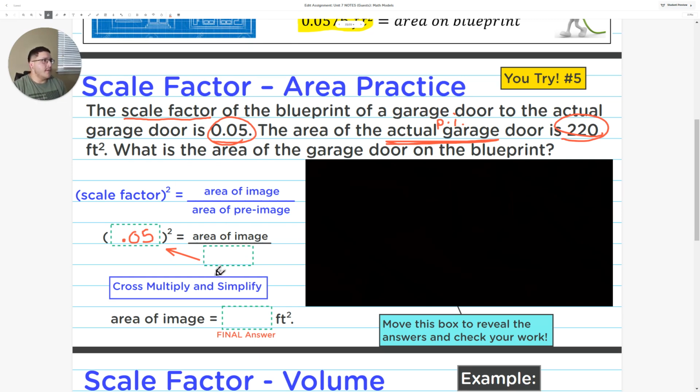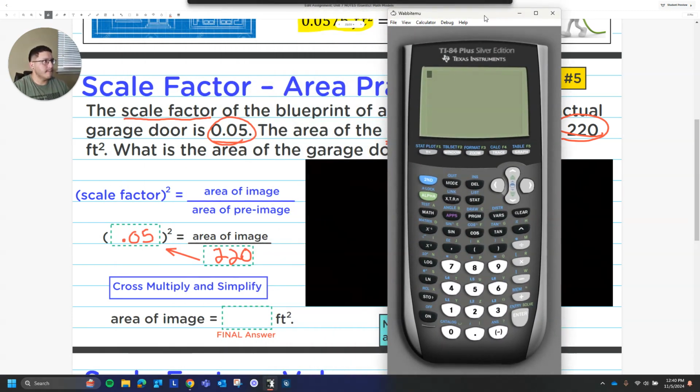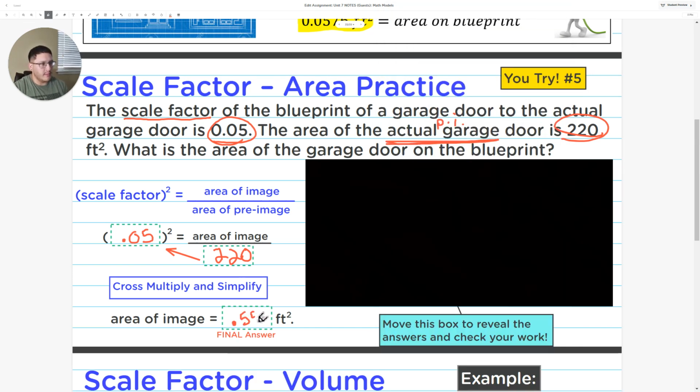Now we know the area of the actual garage door is 220 feet squared. So now cross multiply: 220 times 0.05 squared. And we have 0.55. So that means the area of the garage door on the blueprint is 0.55 feet squared.